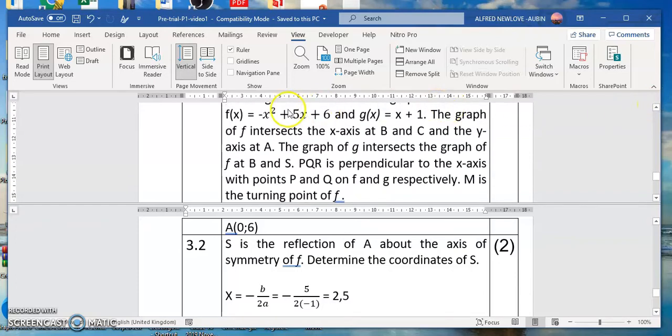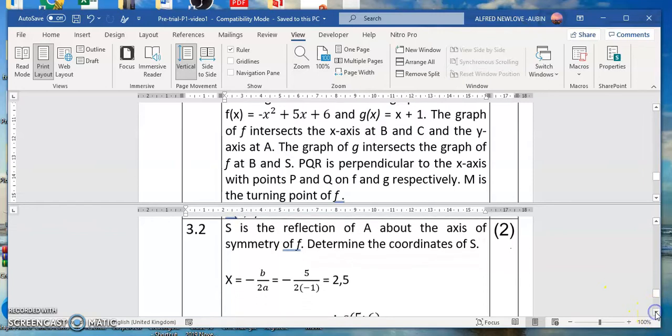Our function given: a is minus 1, b is 5, c is 6. So b is 5, then 2 times a, which is minus 1. If you press this on the calculator, you are going to get 2.5. So the x value is 2.5. Our mirror line is x equals 2.5.